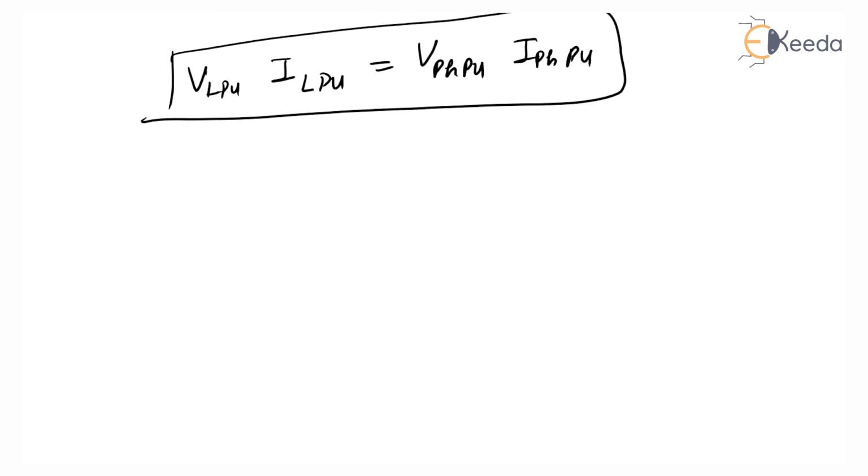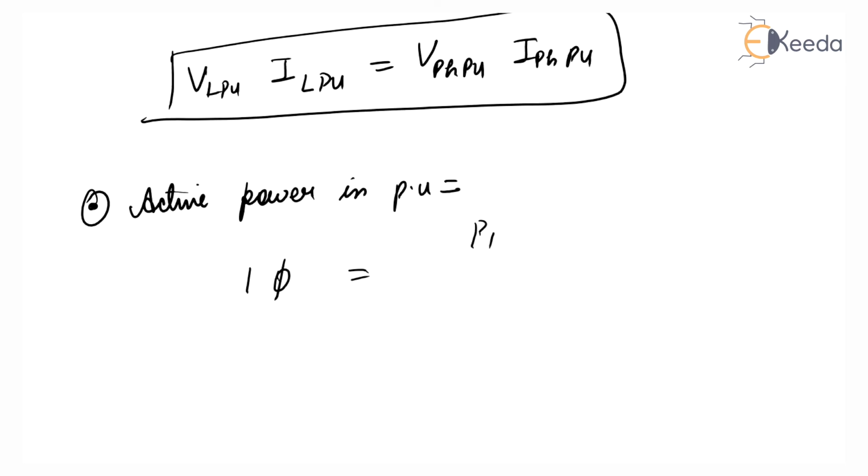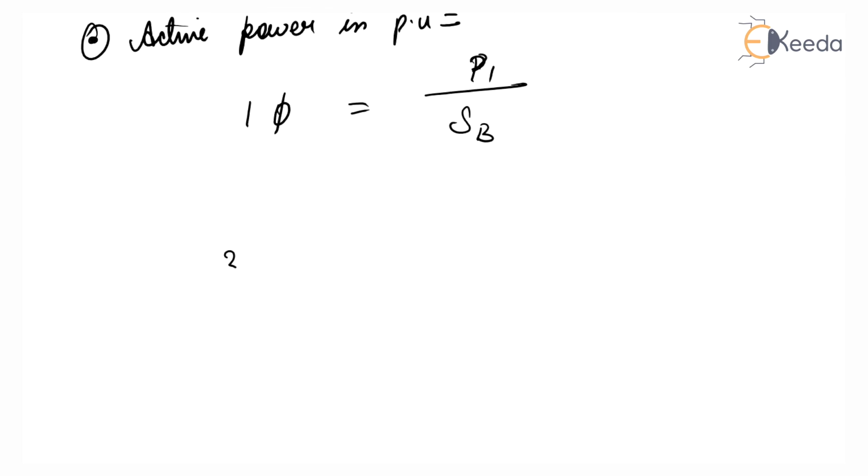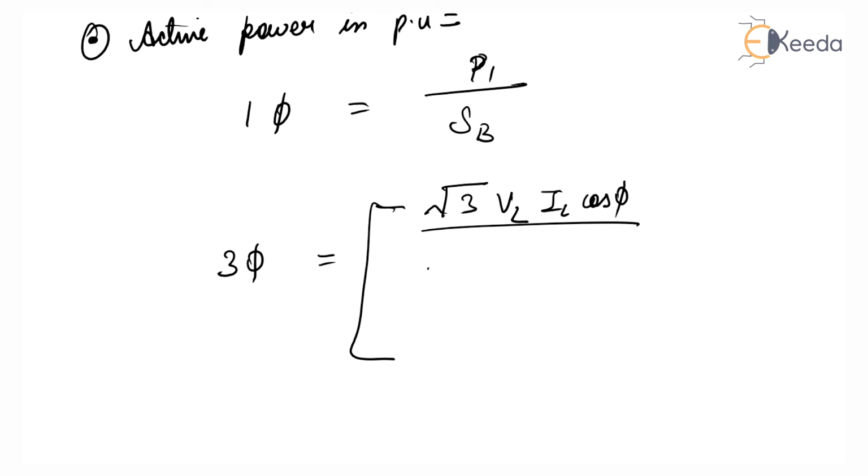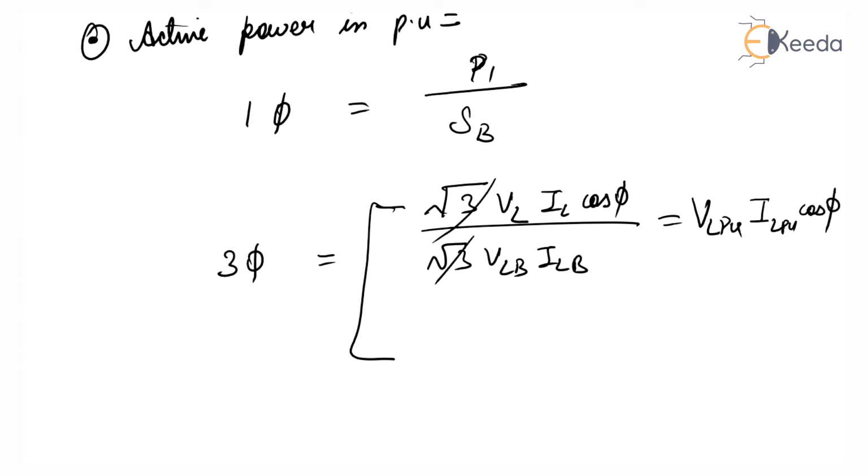Now active power in per unit. For single phase, it is P1 upon S base, and for three phase, for line, it is root 3 VL IL cos phi upon root 3 VL base IL base. This cancels out, so this is equal to VL per unit IL per unit cos phi.